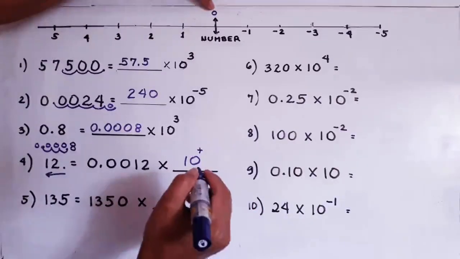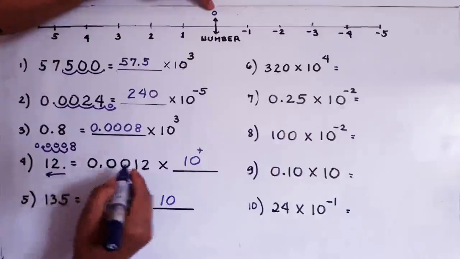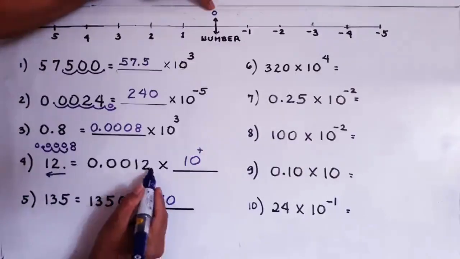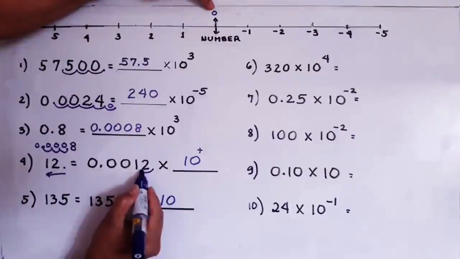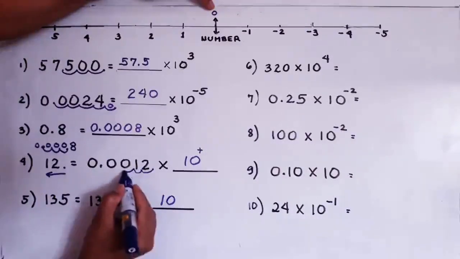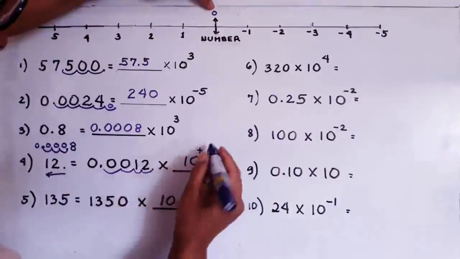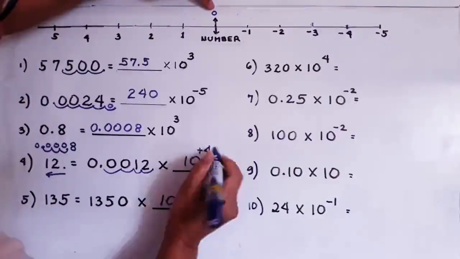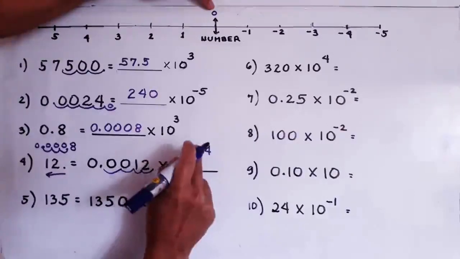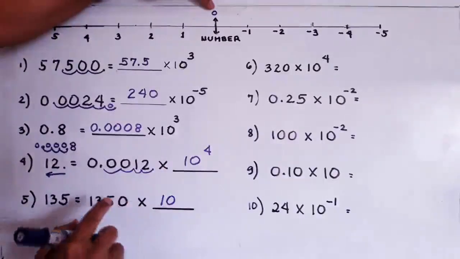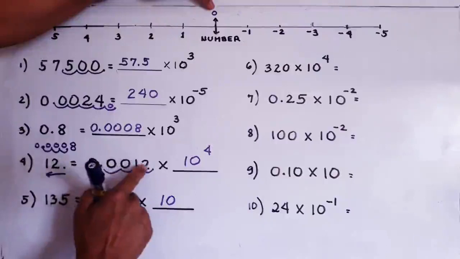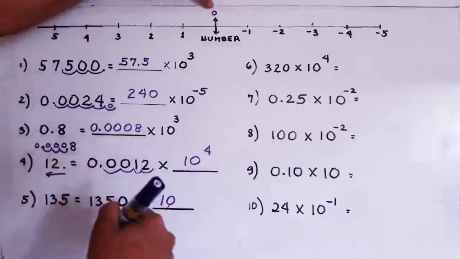By how many? Then we count. Start here. So we have 1 and 2 and 3 and 4. So we write there 4. And then remove the positive. So it's a positive 4. So it's 0.0012 times 10 to the 4th.